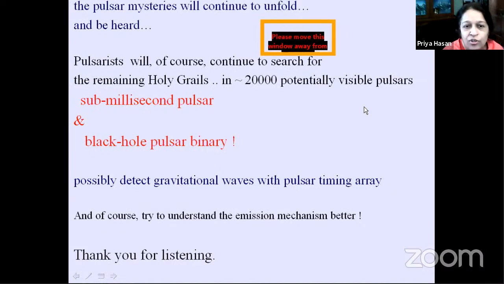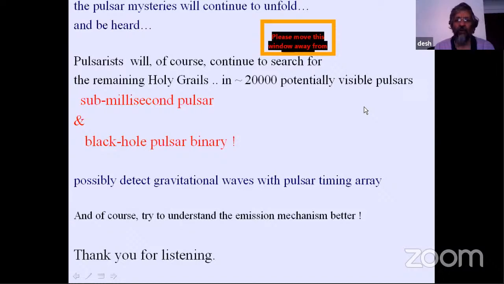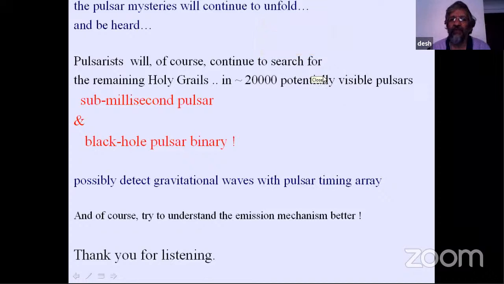Desh, I don't want to hold you long because you have an important meeting to attend. Okay. So if required, I'm happy to come for a brief special session for any pending questions that people might have. If they want to discuss them together rather than individually, it will be easier.